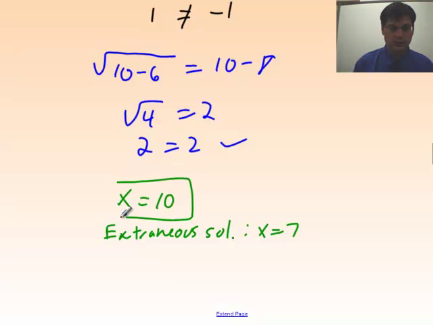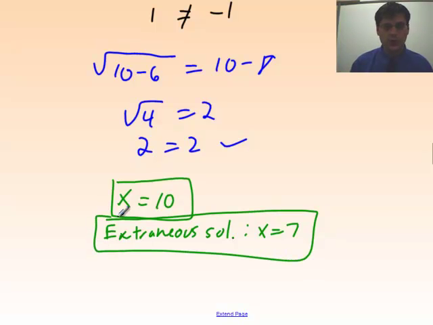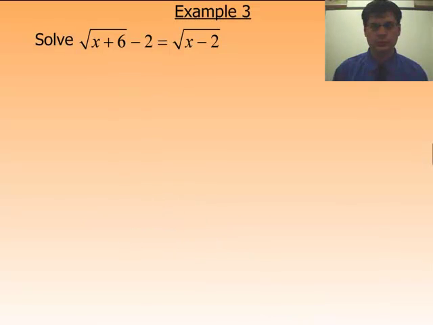And then I'm going to box these in. Sometimes I'll ask for the solution, so I just want 10. Sometimes I want to list out the extraneous solutions as well. You'll just have to read the directions as per each problem.